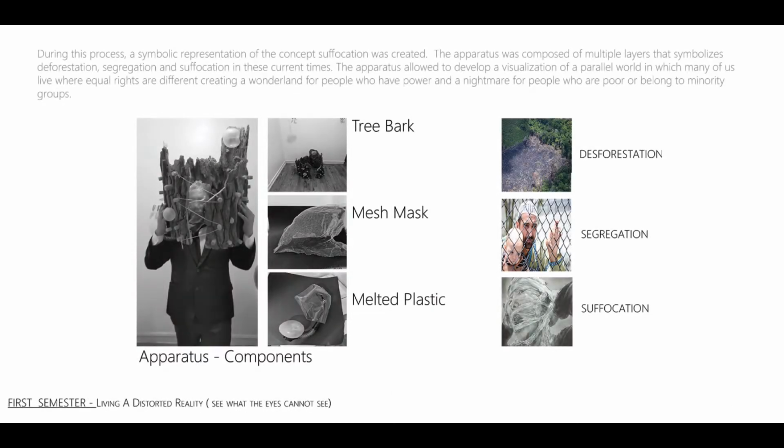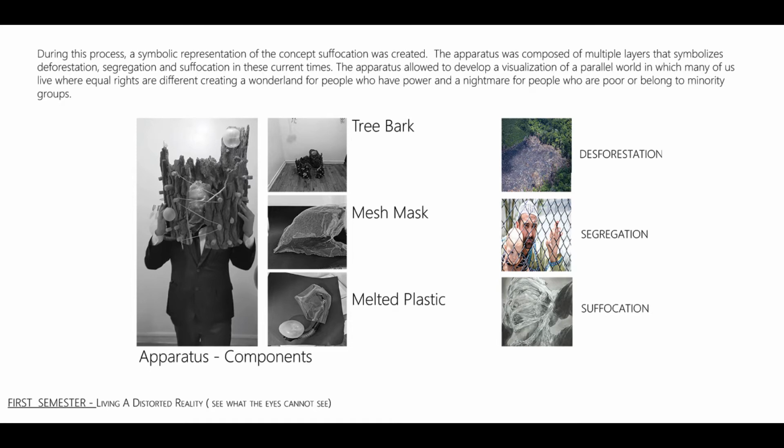During this process, a symbolic representation of the concept of suffocation was created. The apparatus was composed of multiple layers that symbolize deforestation, segregation, and suffocation in these current times.